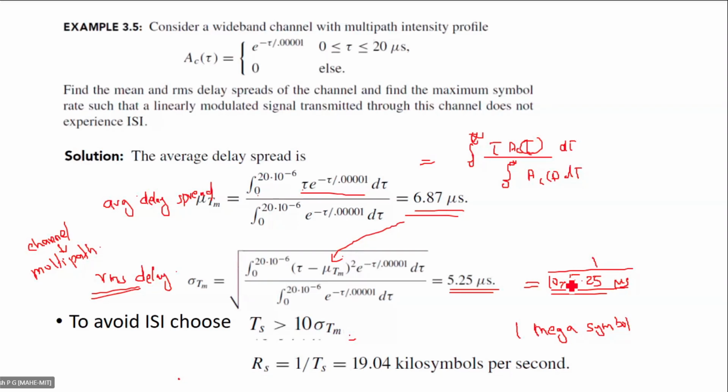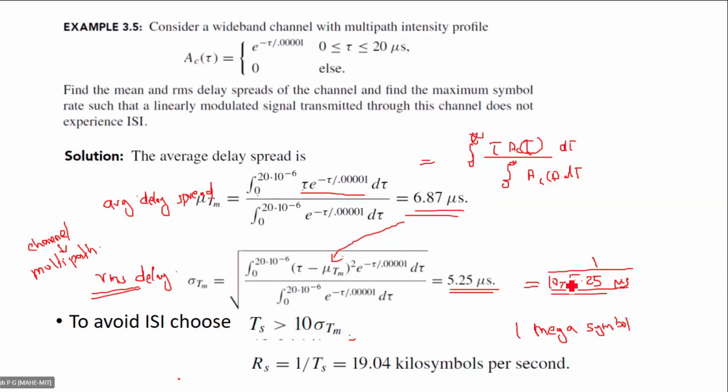So why are we doing this? Why are we calculating the average delay spread, RMS delay spread, etc.? Is there any advantage? The answer is, we have the average delay spread as 6.87 microseconds here, and the RMS delay spread sigma Tm as 5.25 microseconds.